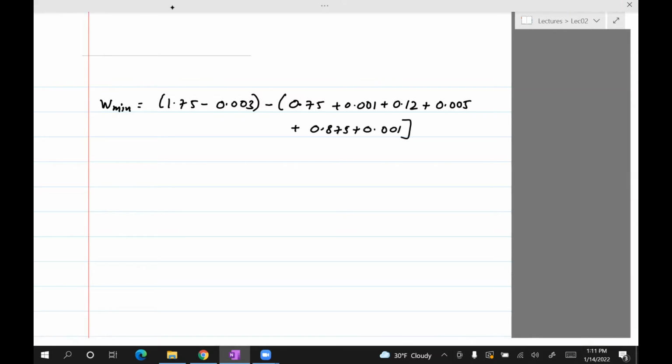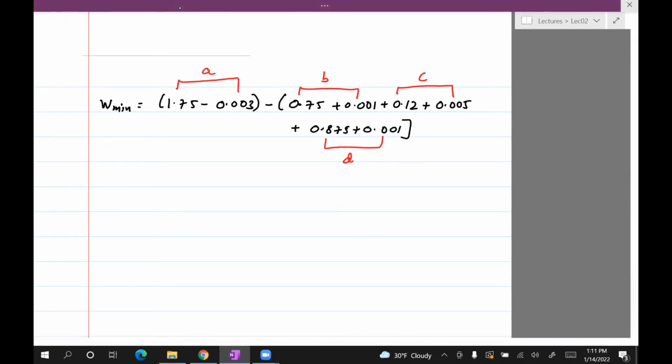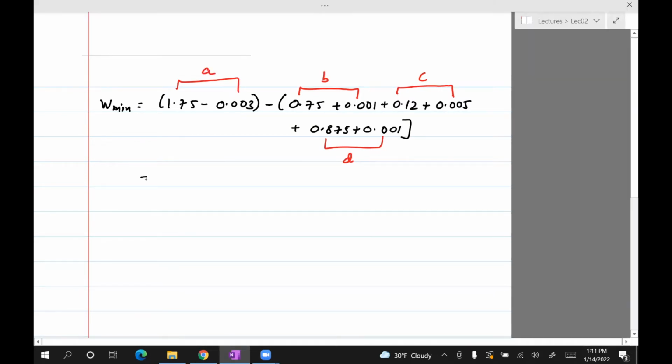Okay, so just to make it clear, this is for B, this is for C, this is for D, and this thing is for A. Once you sub this in, you get minus 0.005.